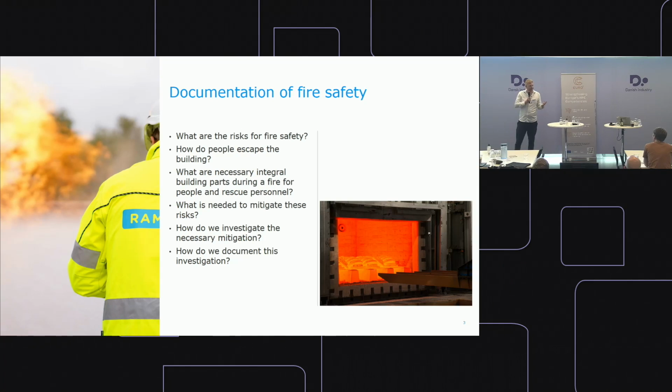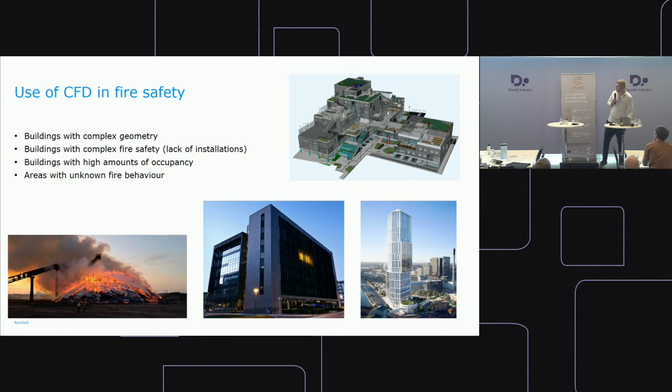Why would we need to extinguish a fire if it doesn't exist in this building? Is there any geometry that could make a building not need sprinklers? How do we document whether that would be the case?